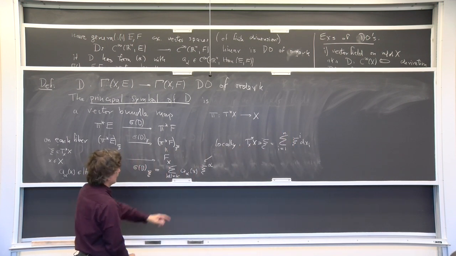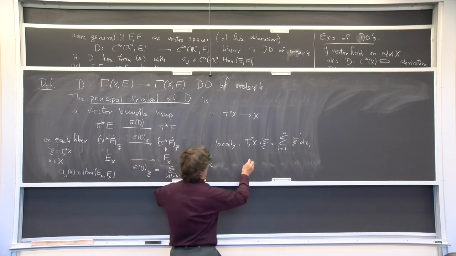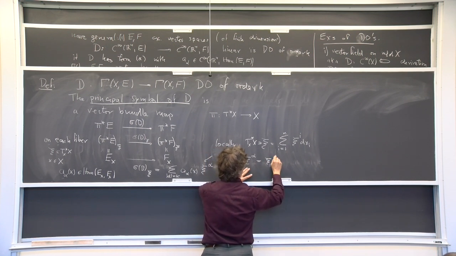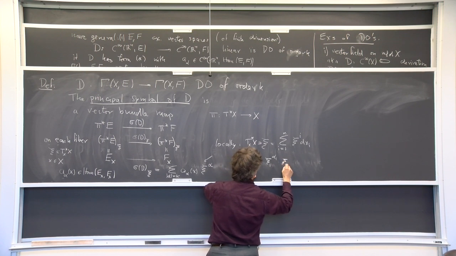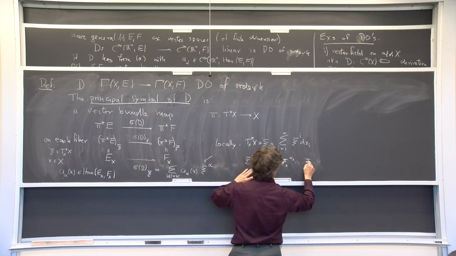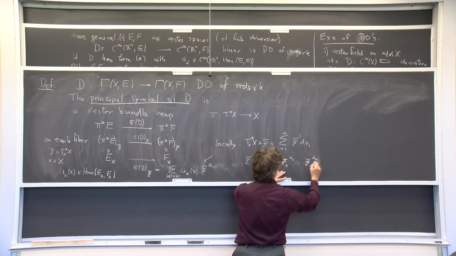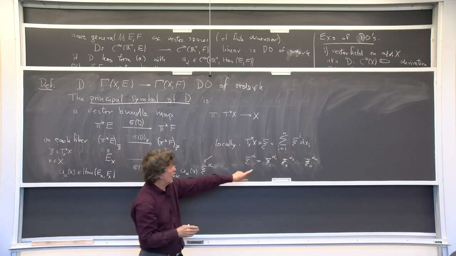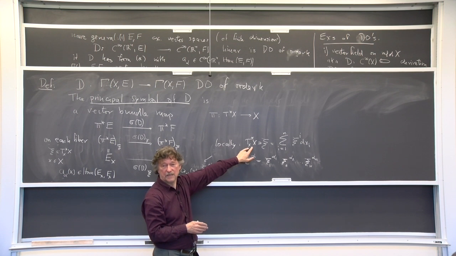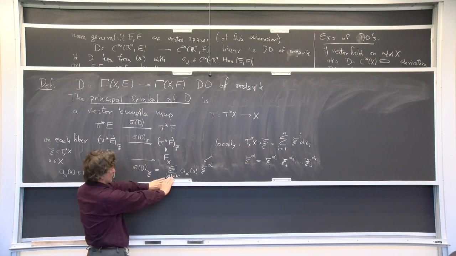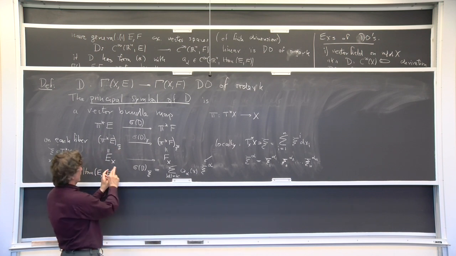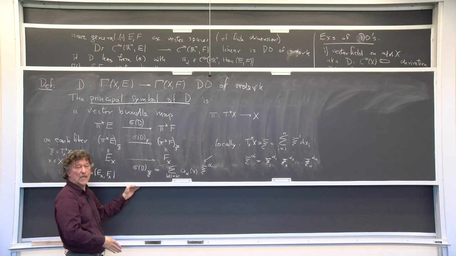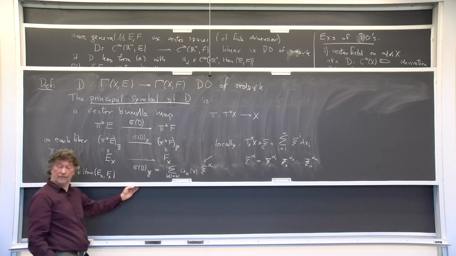And then this psi to the alpha is defined by saying: take psi1 to the power alpha1 times psi2 to the power alpha2, and so on, times psin to the power alpha n. So in other words, this is a homogeneous polynomial of degree k on the cotangent space. And so this one here is a function on the cotangent space with values in the linear maps from Ex into Fx, which is homogeneous of degree k in the cotangent space. Any questions on that?